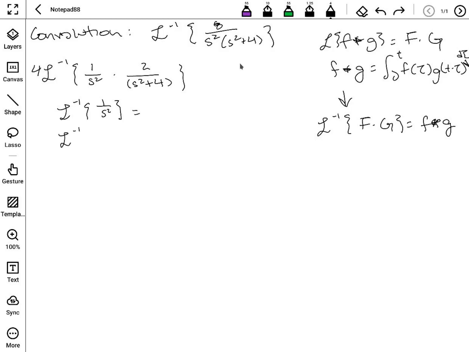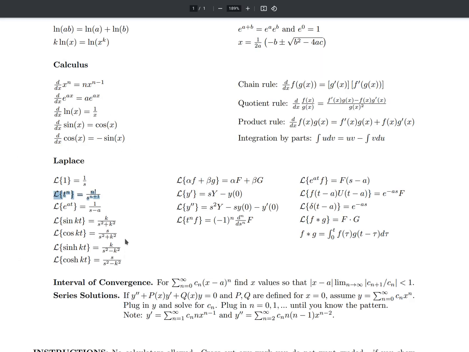The reason I group them that way is so that they look like two things that I can easily take the inverse Laplace transform of. 2 over s squared plus 4 I would get from k over s squared plus k squared, so this is going to be sine 2t, 4 being k squared.